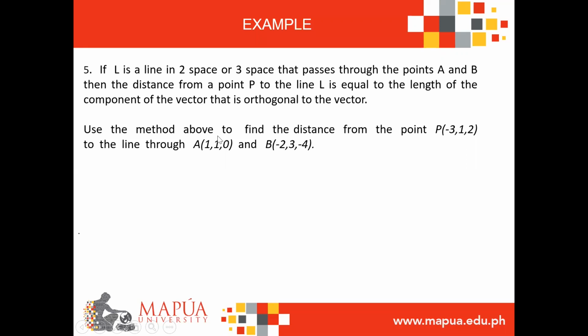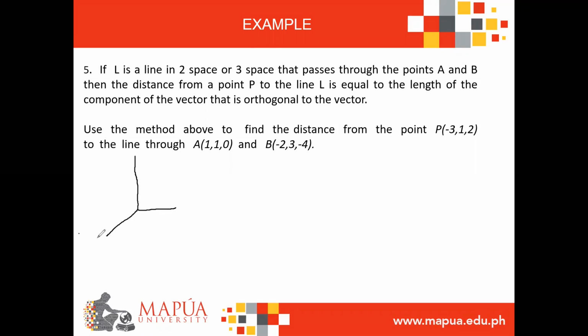So we have here given point with coordinates negative 3, 1, 2, then the 2 points given A and B. So plotting these 3 points on the X, Y, Z coordinate system.